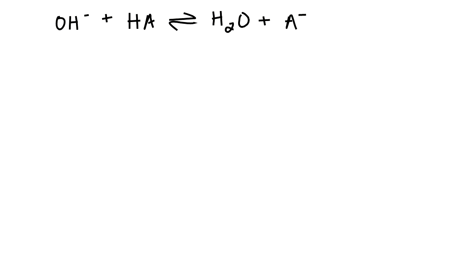Now we set up our BCA. We know that water is not important, so we just have to fill in for these three substances. So we're told that we're adding 0.3 moles of sodium hydroxide. So we're going to put our 0.3 right here.